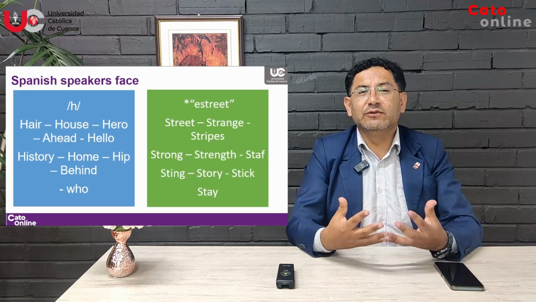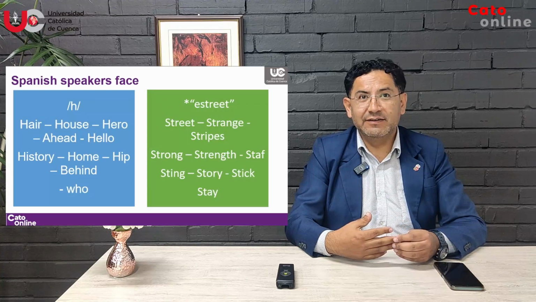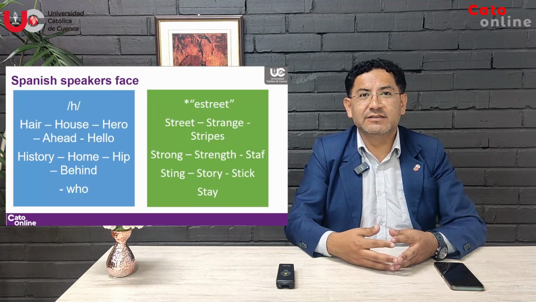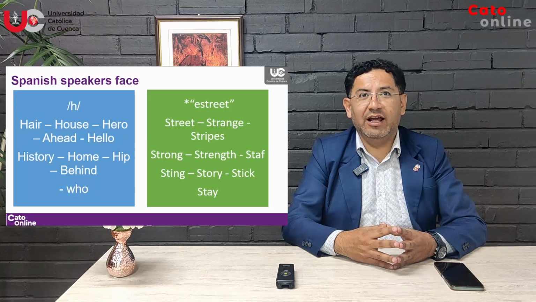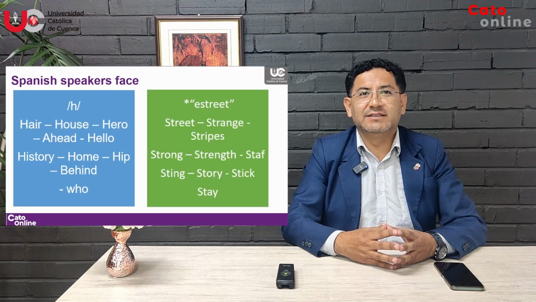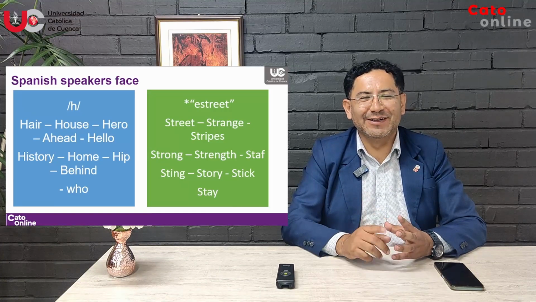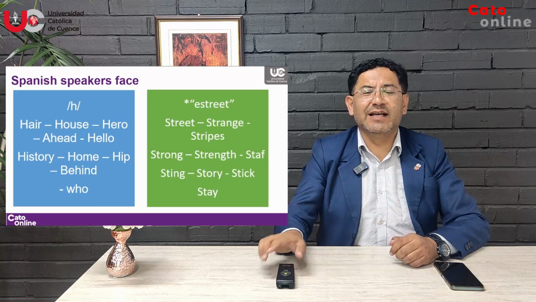We have to say street, like a snake, street, strange, stripes, okay? Avoid saying estreet, no, okay? It is very important, this kind of sounds.